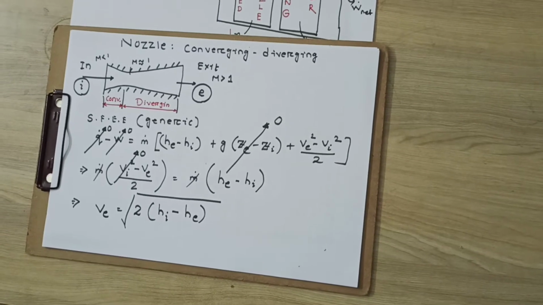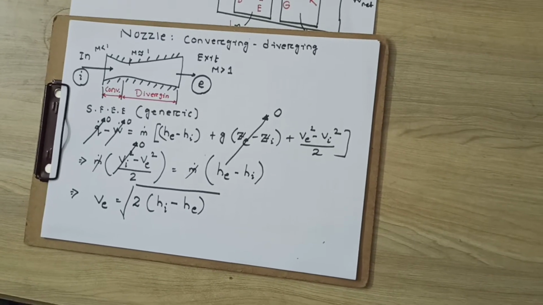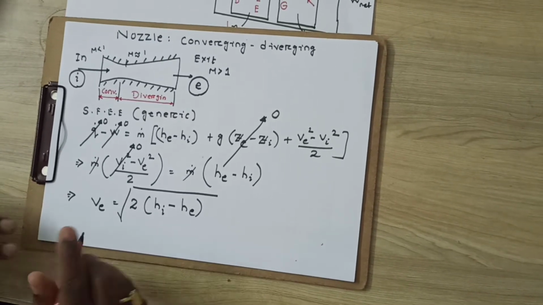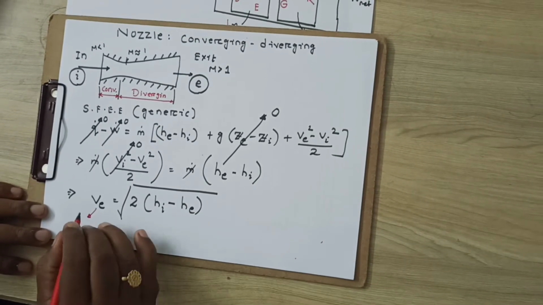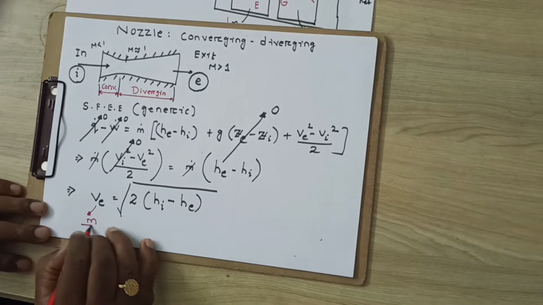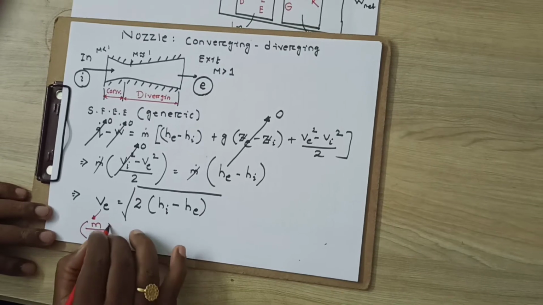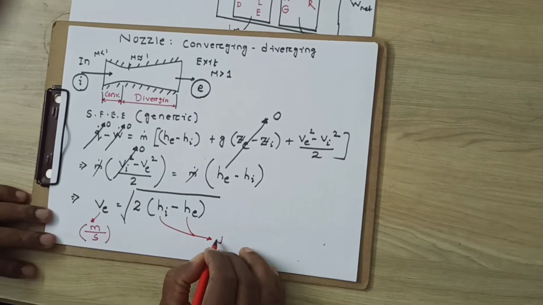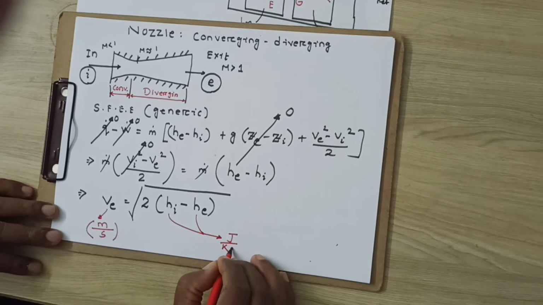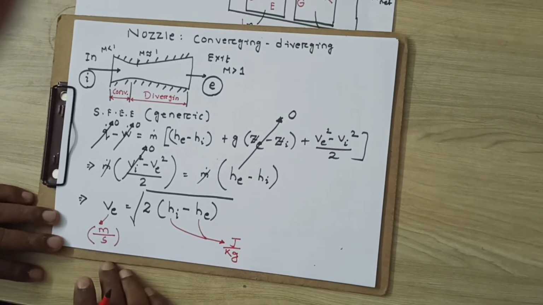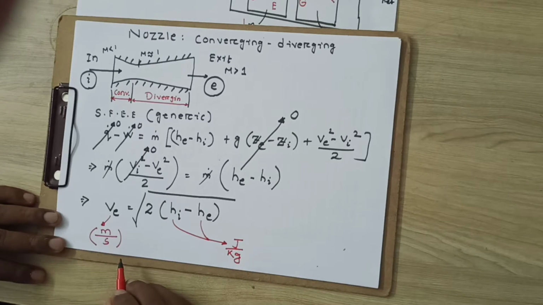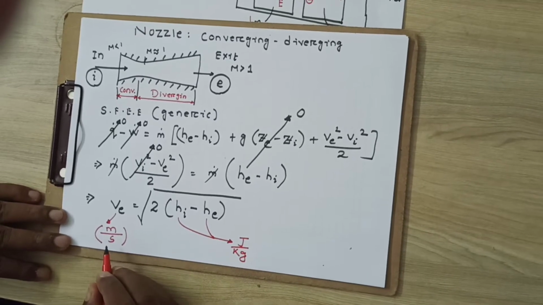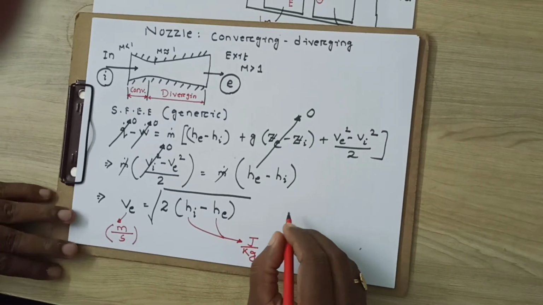One important thing you must take care of is the units. If you want velocity in meter per second, then the enthalpies must be expressed in joule per kg. Many students make the mistake of converting to kilojoule per kg, but joule per kg is homogeneous with meter per second. Why?